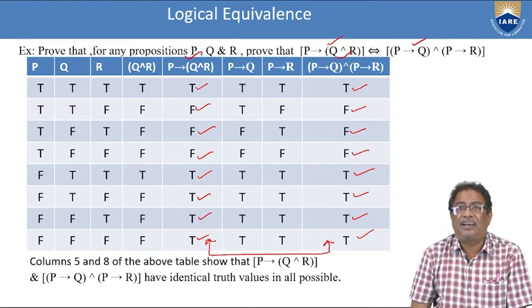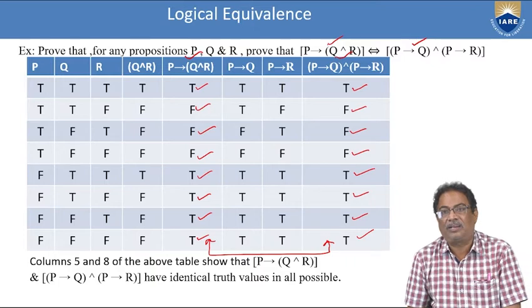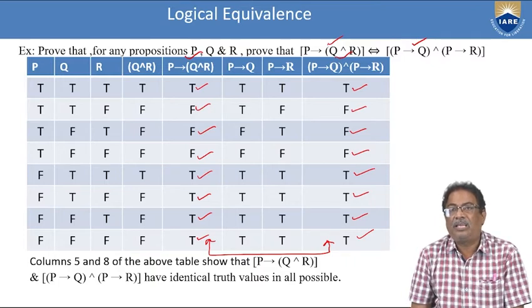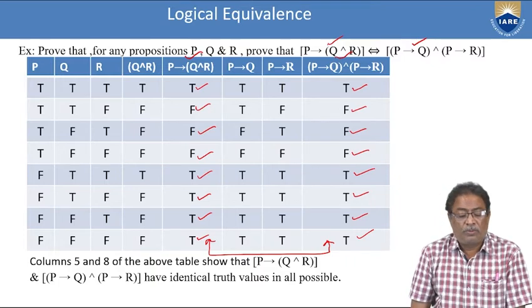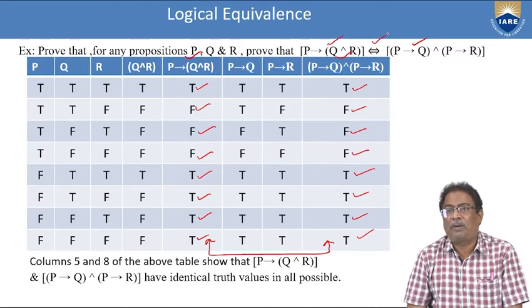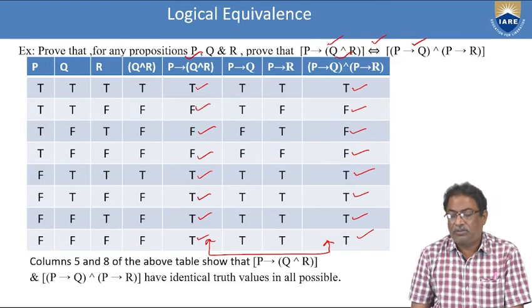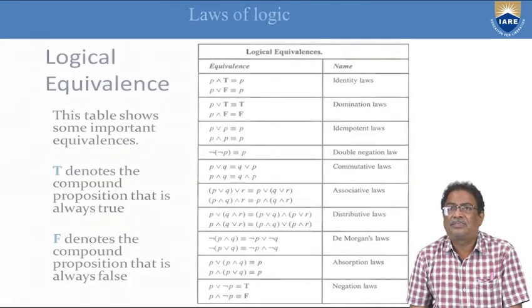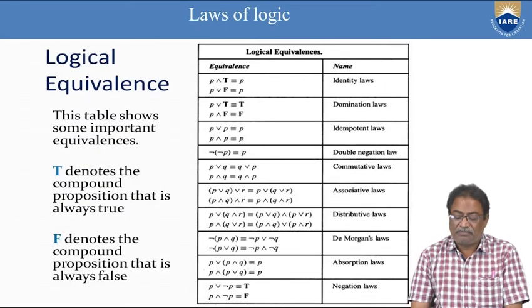So we can say that they are logically equivalent. Logically equivalent means we can replace one with the other, since they have identical truth values. In that way we can say logical equivalence.